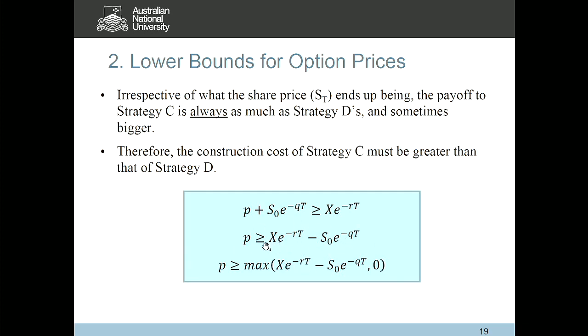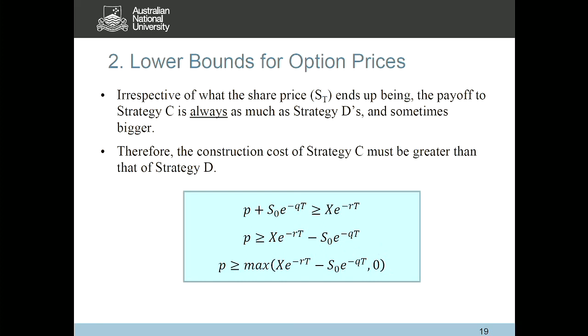Okay, again, the put option cannot have a negative value because when the spot price finishes lower than the strike, we can choose not to exercise the option. So that's why I put a maximum between this expression and nothing. Okay, so that's the lower bound for the put option. It's almost identical to the lower bound for the put back in week 4. We simply replace S0 with S0 times e to the power of minus qT.